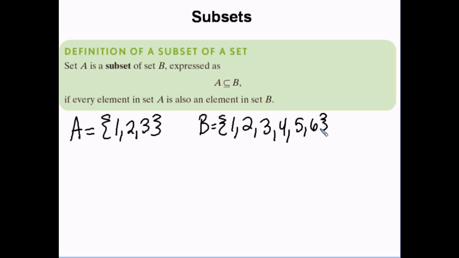Okay, 1, 2, and 3 is part of set B. I just took a piece of set B and made it its own set. So that means that set A is a subset of B.